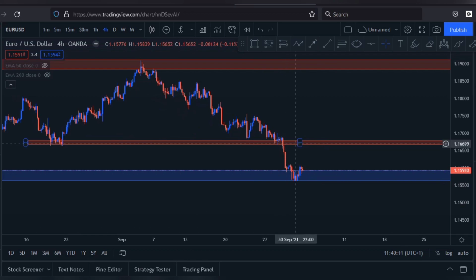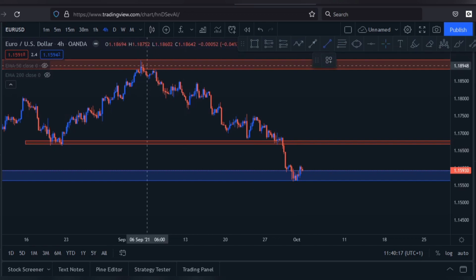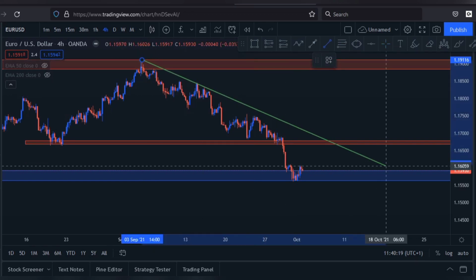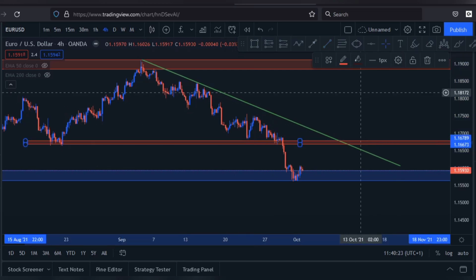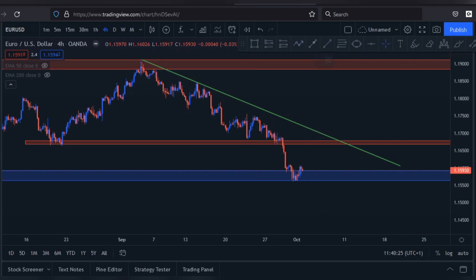My plan would be to wait for a break above this red zone over here. And if we draw the trend line as well, I will be looking for this move here to the top, and it may take a while to get there, and see how price reacts to this area over here.